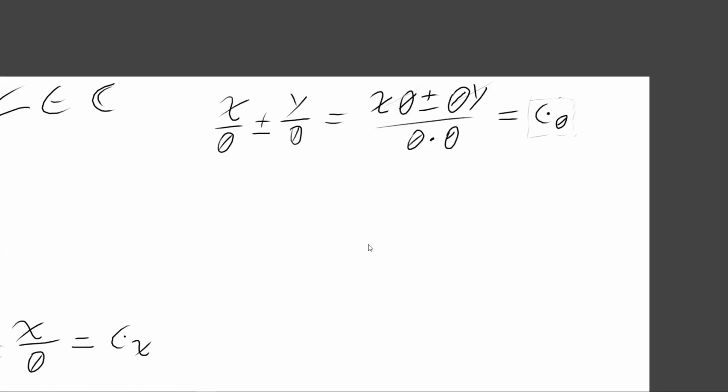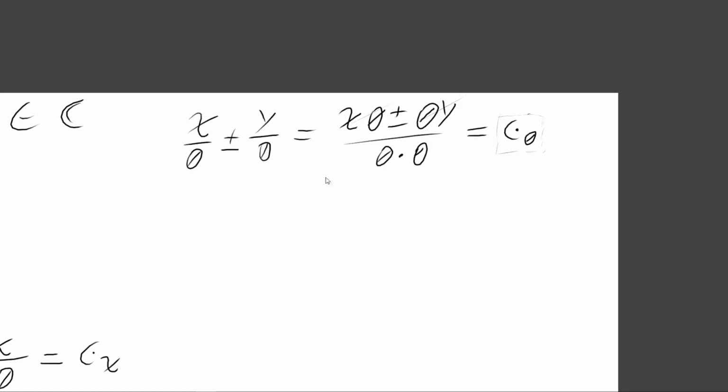Okay, so let's move on. We're going to go to multiplication. So we've got x over 0 times y over 0. So this is very simple. It is, as you may know, x y over 0, which equals c x y.